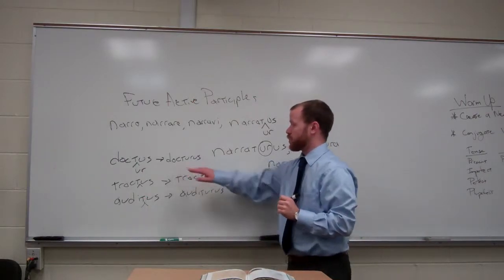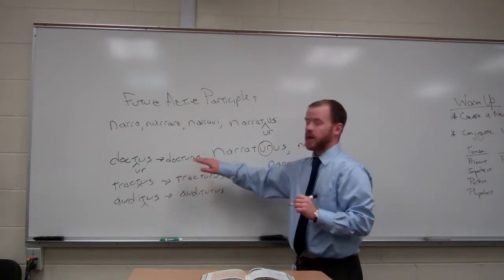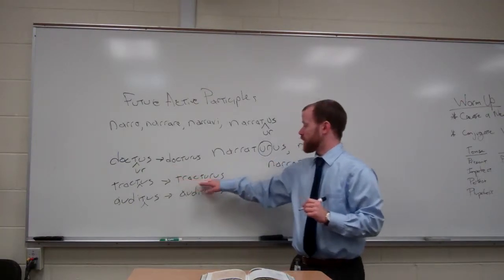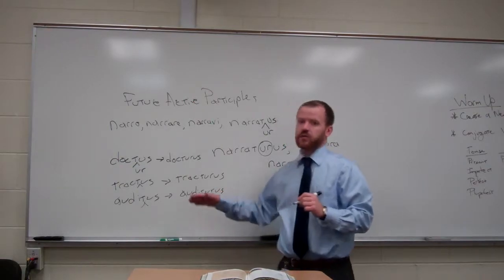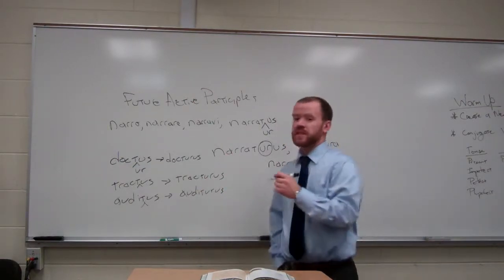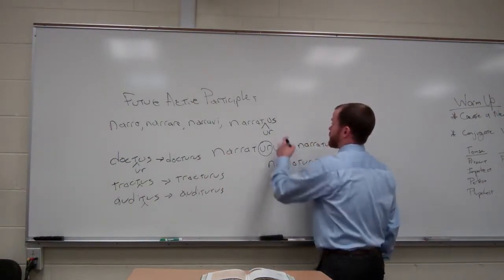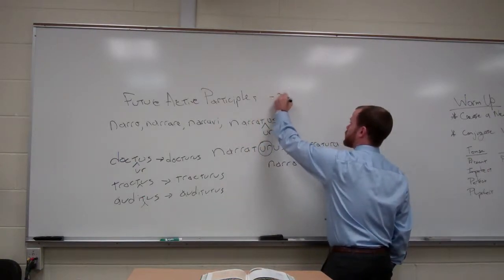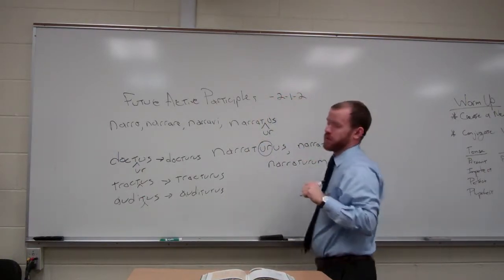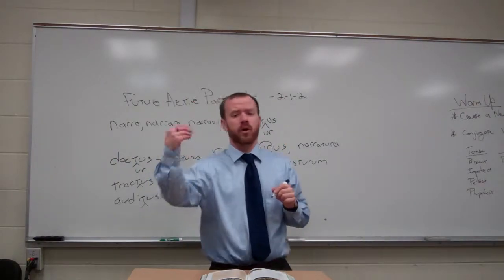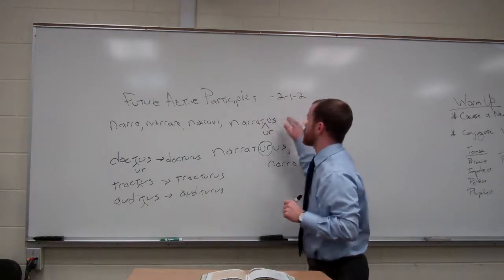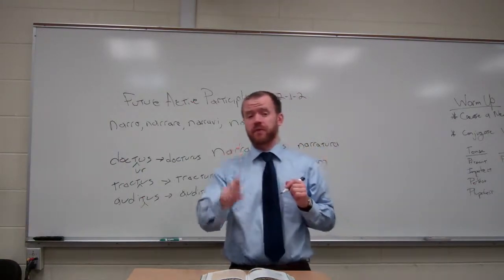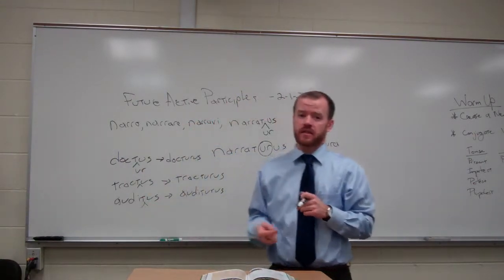Same here, docturus, doctura, docturum, tracturus, tractura, tracturum, auditurus, auditura, auditurum. So these adjectives are 2-1-2 adjectives. A future active participle is a 2-1-2 adjective. Just like the perfect passive participle, this is a 2-1-2, so it's taking its endings from the first and the second declension.